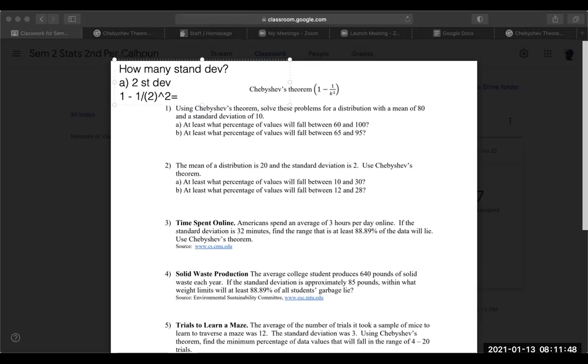If we calculate that out, we get 75%. So 75% of all the data should be within 60 and 100.